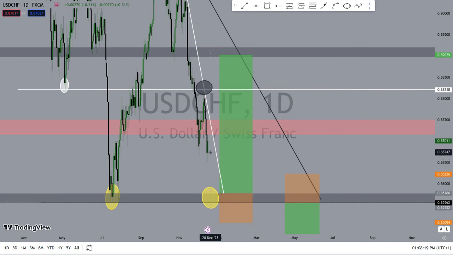Price might come and give us a correction around this level, giving us the second leg, because this is the first leg, and it might come here and give us a second leg to the upside.